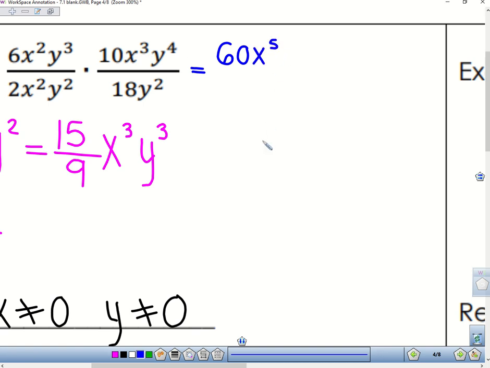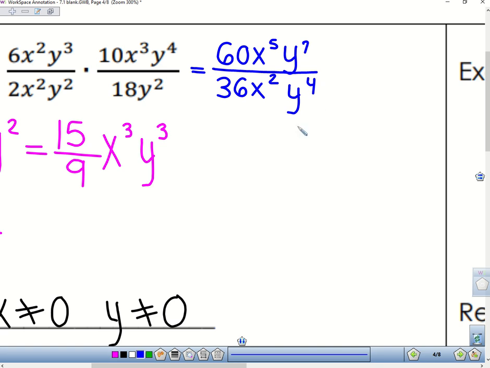X to the fifth. You add exponents when you multiply. And then it's going to be y to the 7th over 2 times 18, which is 36. X squared, because there's no other x to multiply by, and then y to the 4th.